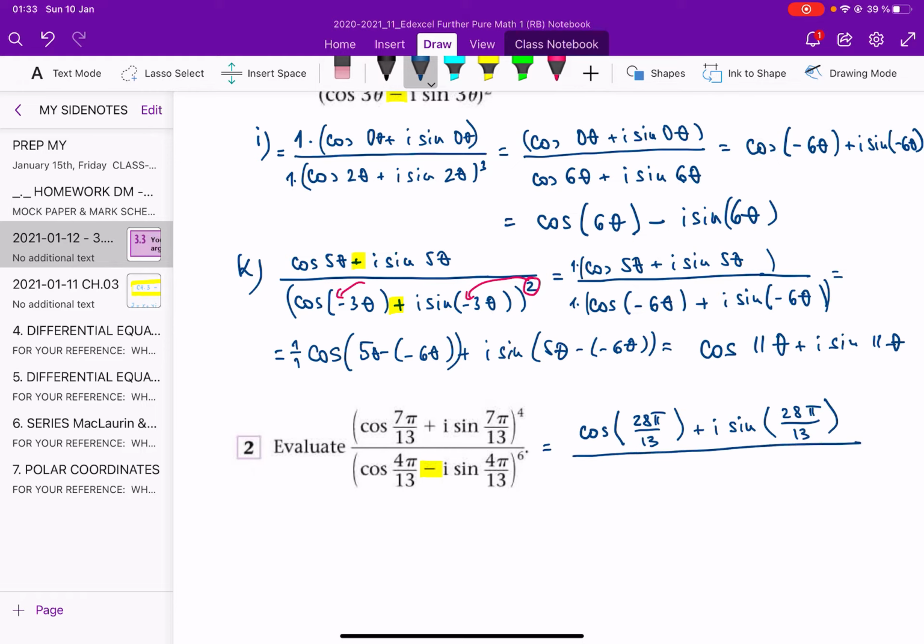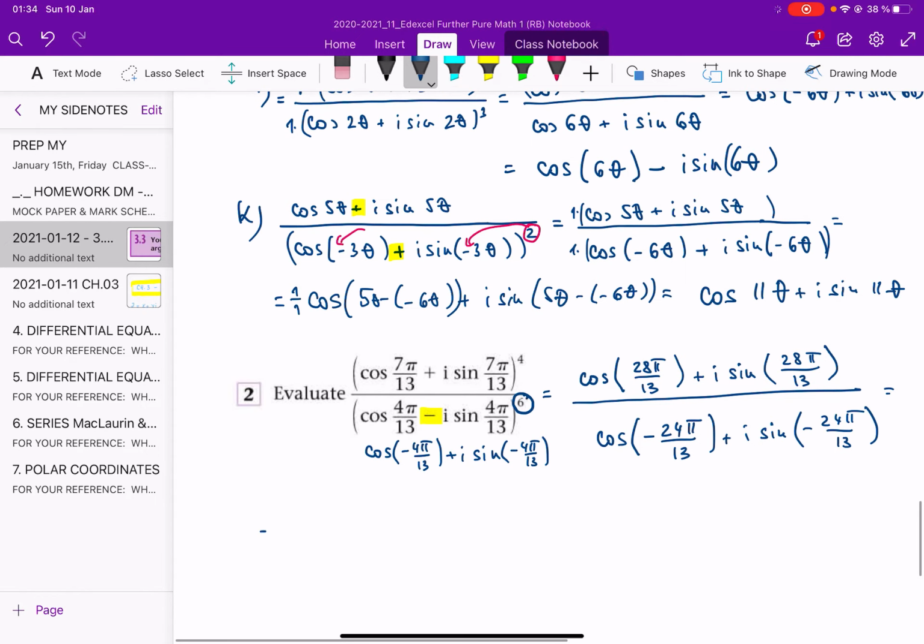I'm going to modify first, but I'll write it here. So cosine minus 4 pi over 13 plus i sine minus 4 pi over 13. And this is to the power of 6. That means it would be cosine negative 24 pi over 13 plus i sine negative 24 pi over 13.